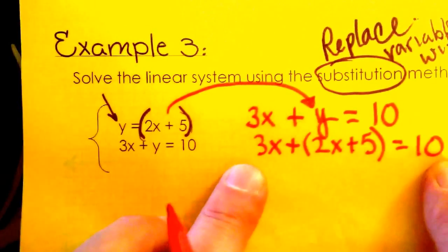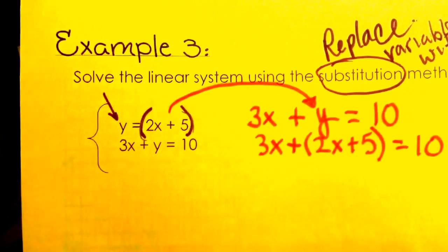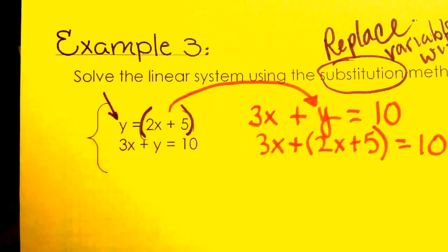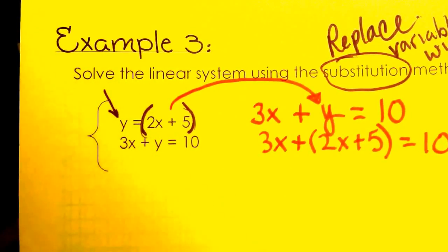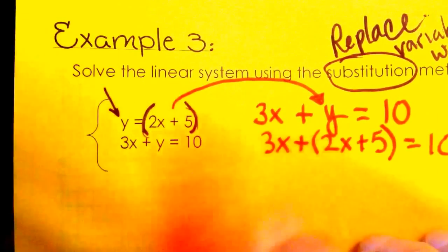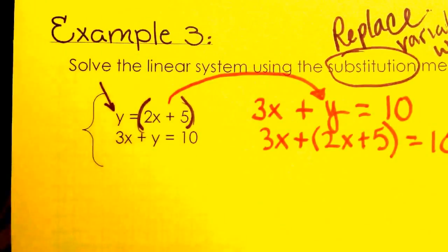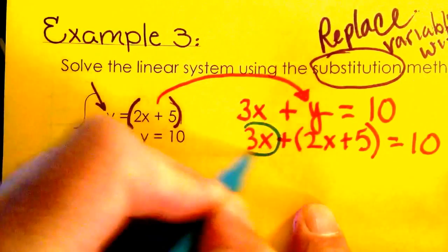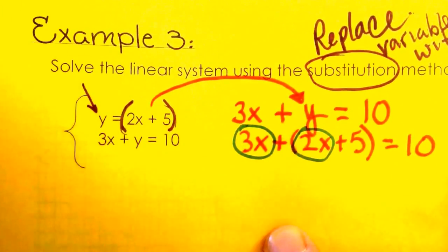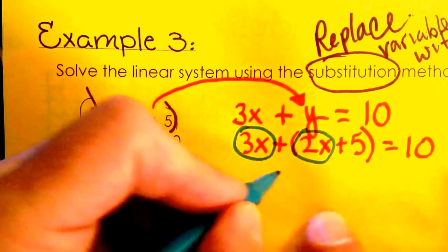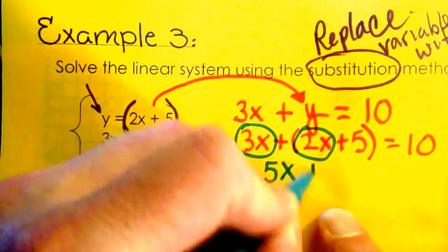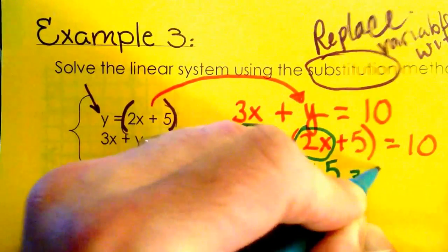And now we have this equation, which we have to solve, continuing to use our skills of solving equations, simplifying and combining like terms. Notice that we have 3x and 2x right here. That's going to give us 5x plus 5 equals 10.